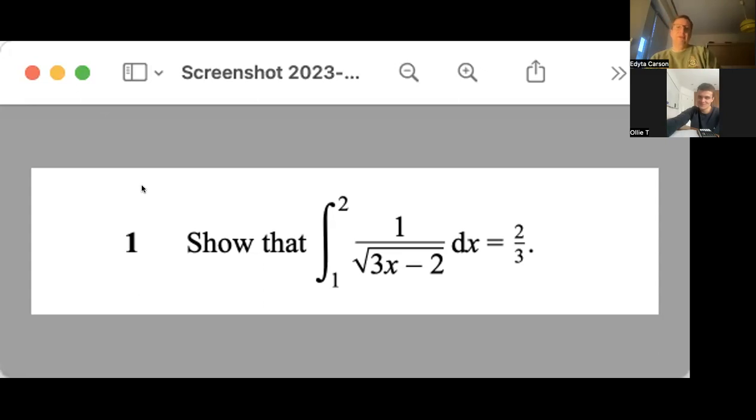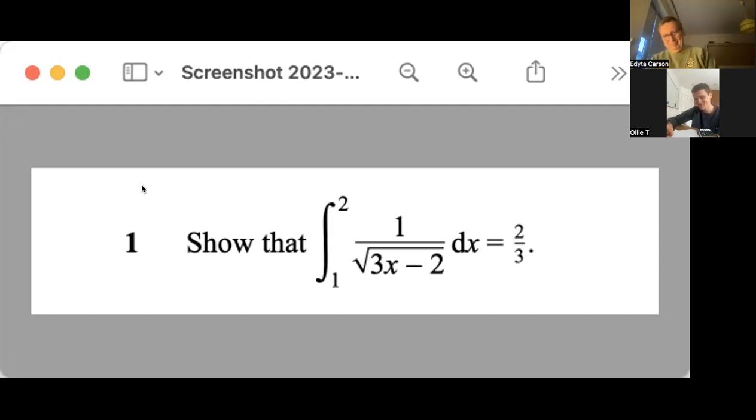Quick question. What kind of function is it? I think that's just a standard function. It's not a composite. How would you define a standard function?